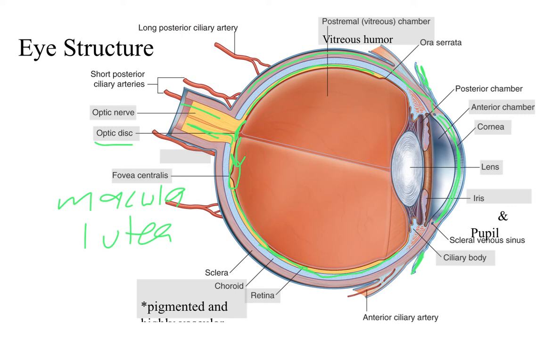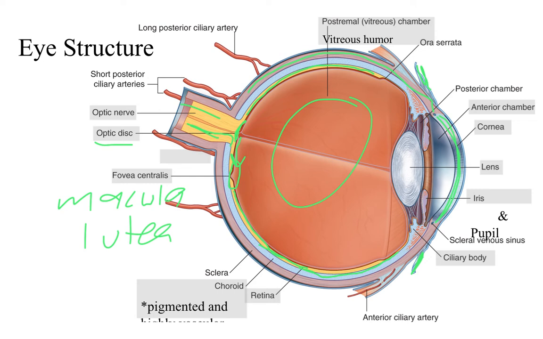The cavity inside the eyeball is called the vitreous chamber, and it's filled with a jelly-like fluid called the vitreous humor. The purpose of this fluid is, one, to be clear so that light can pass through, and two, being jelly-like, to apply pressure to the retina.